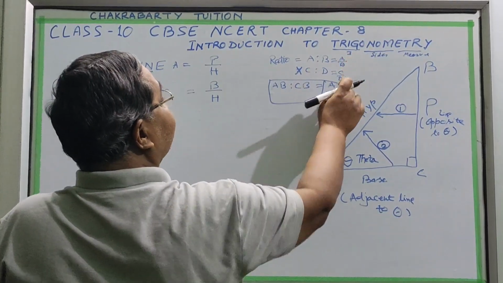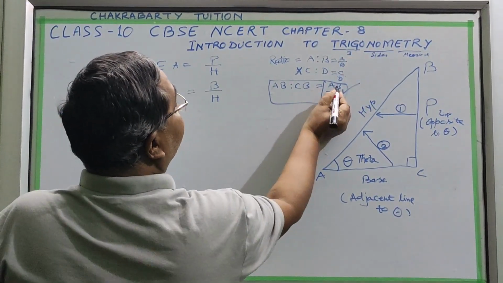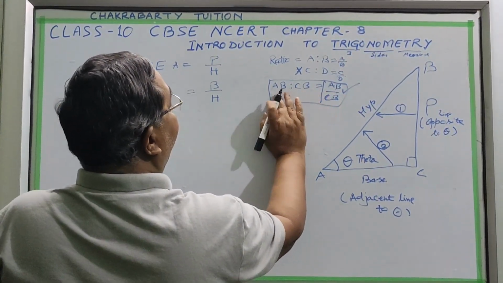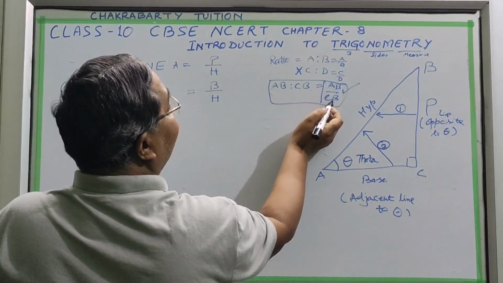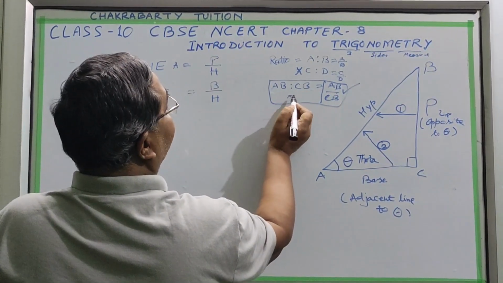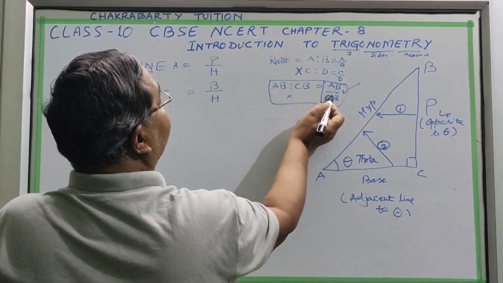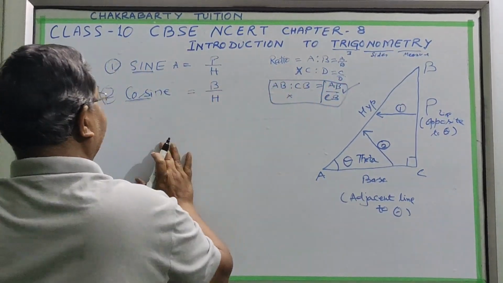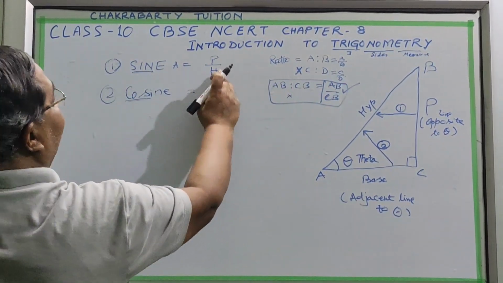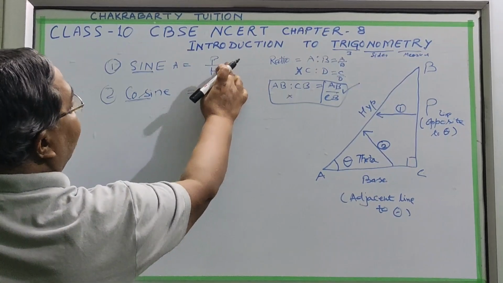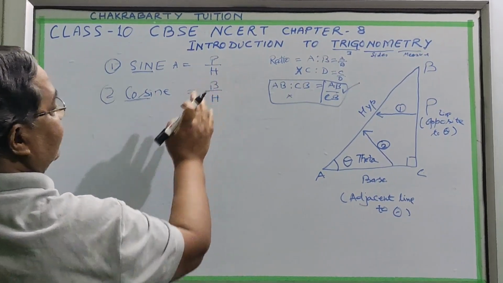This fraction system makes it easier. So in trigonometry, all the ratios we will define like this, not the other way. Actually it is P is to H, but we will write P upon H.